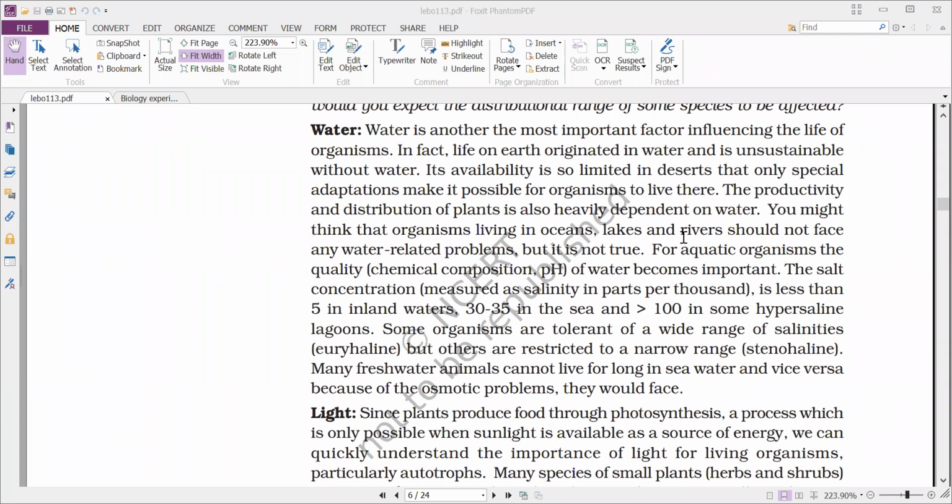Okay, estuaries means the region where the river meets with the sea, which we commonly call the mouth of the river. The sea water has higher salinity, whereas the fresh water has a lower salinity. But there are fishes which can live in both saline water and fresh water at this estuary.